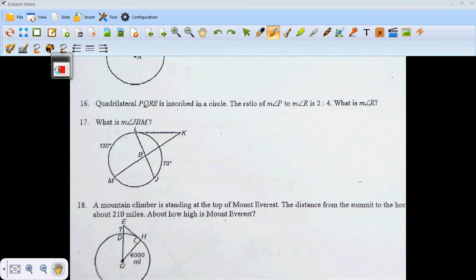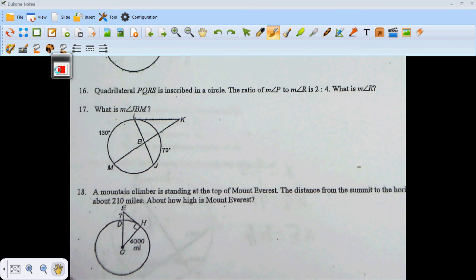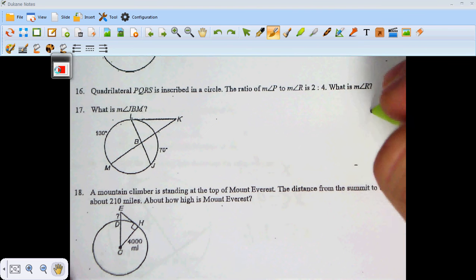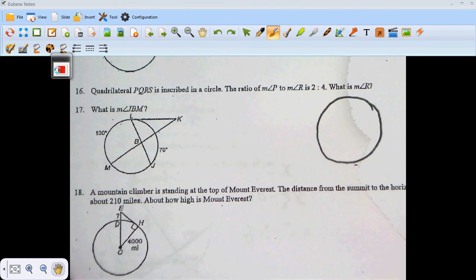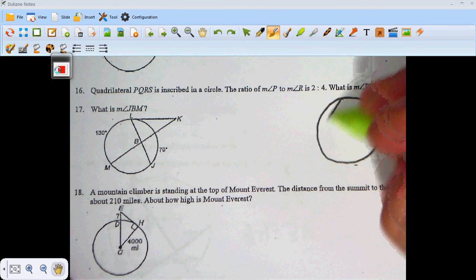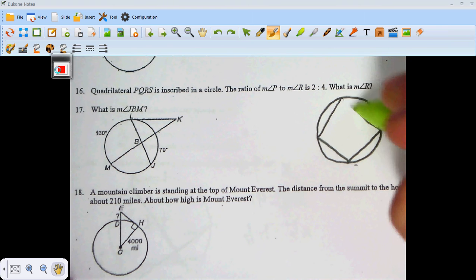Okay, 16. Quadrilateral PQRS is inscribed within a circle. Okay, so if it's inscribed within a circle, then I know that the opposite angles are 180 degrees.